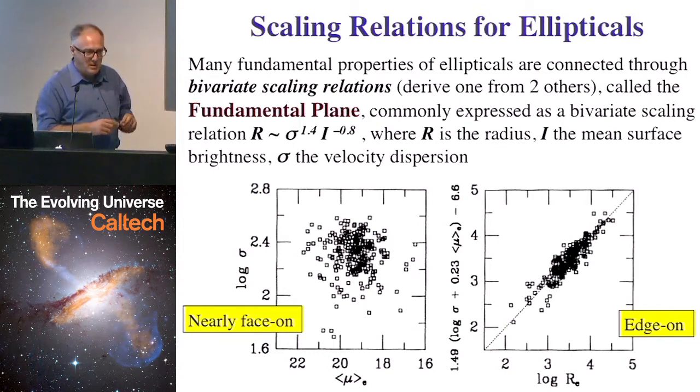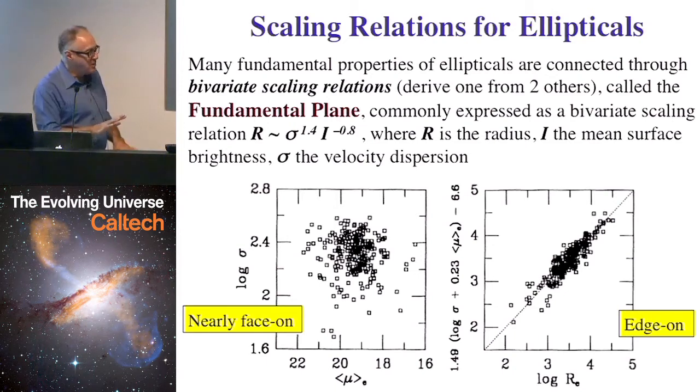So just like the Tully-Fisher relation is a correlation on the XY plane of luminosity and velocity, this one is a plane embedded in three-dimensional space of, say, a measure of size, like radius or mass, a measure of temperature, like velocity dispersion, and a measure of density. And that's why it's called the fundamental plane, and it's usually expressed in this form, scaling of radius with velocity dispersion and surface brightness.